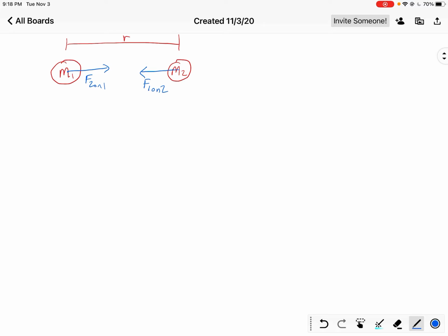The force is actually pretty small, but as we get a lot of mass, like in a sun or a planet, then obviously the force can grow to be very large. So the size of the force, if we just pick one of these forces and we want to describe it, depends on a couple things.